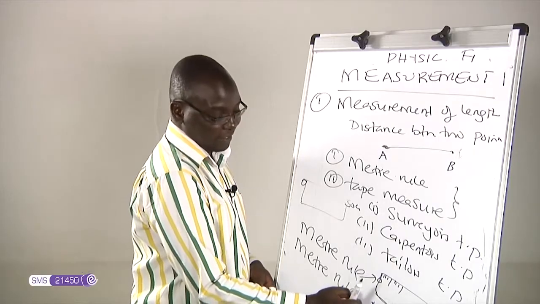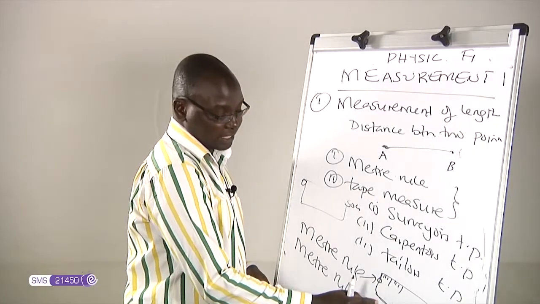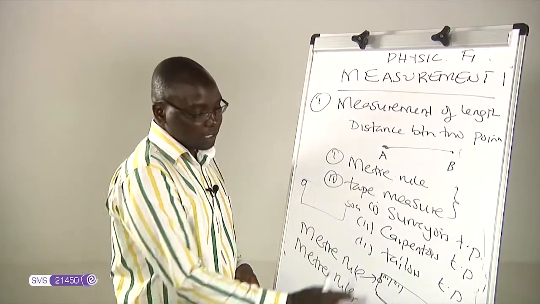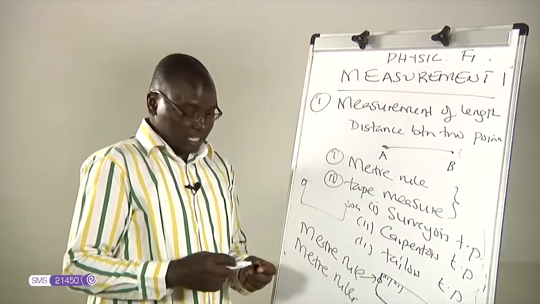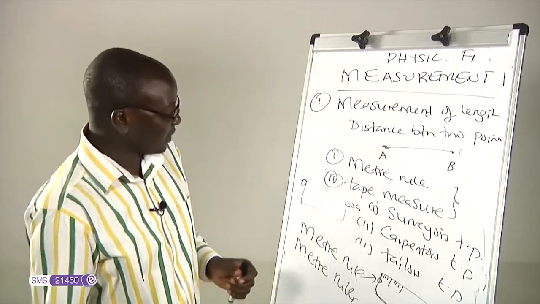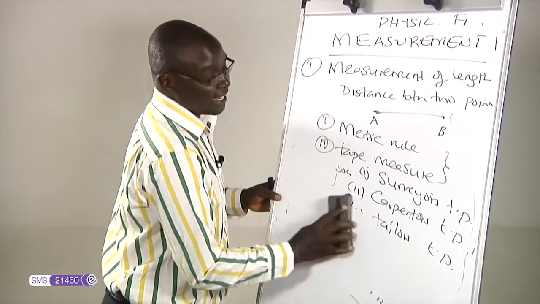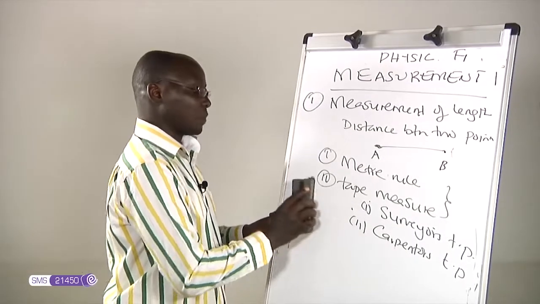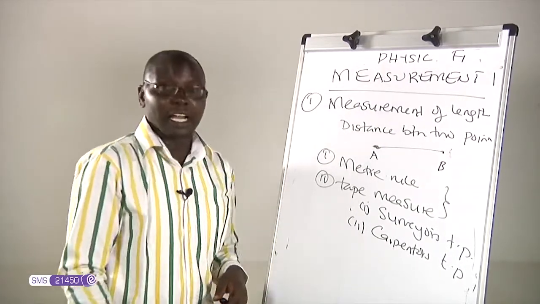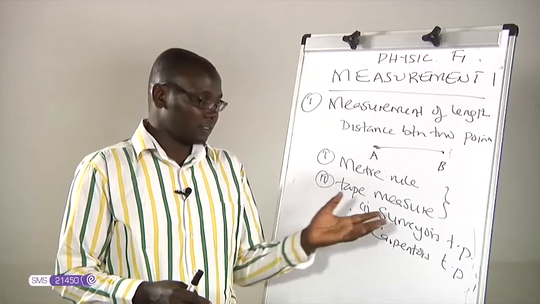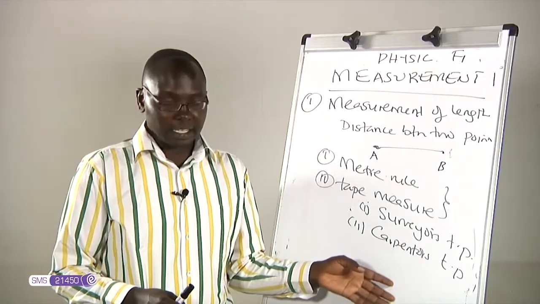We have some allowance here, and just in case it's cut off, it is still safe. So we normally use those two instruments for measuring length: the tape measure and the meter rule or meter ruler. For the tape measure, we have 3 types: the surveyor's, the carpenter's, and the tailor's tape measure.